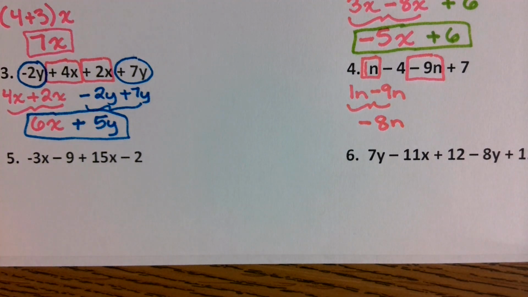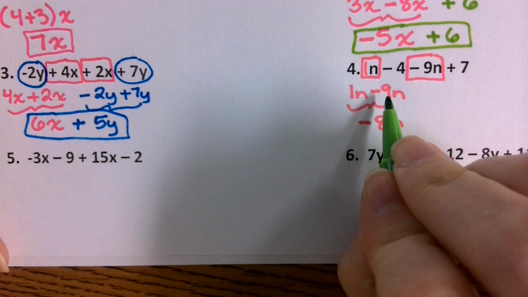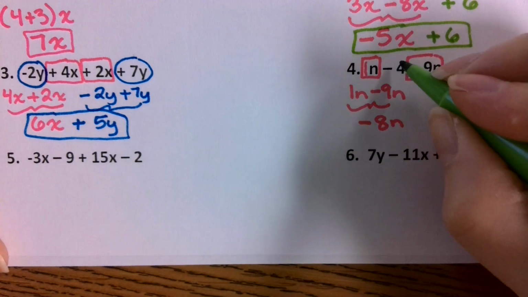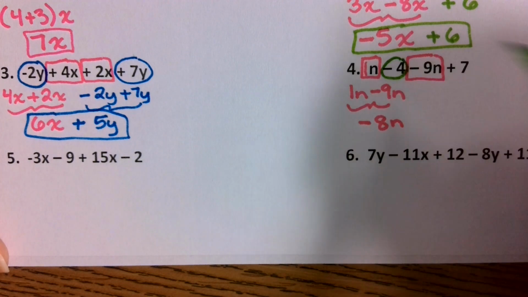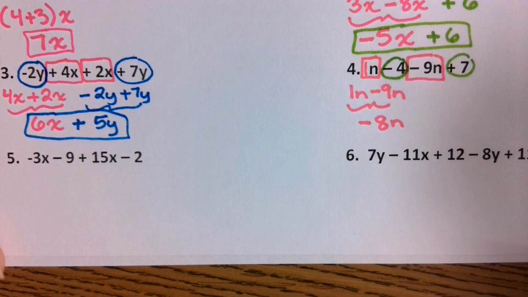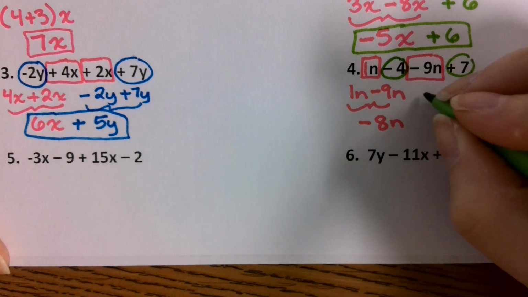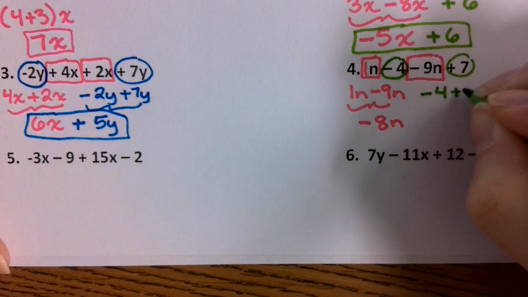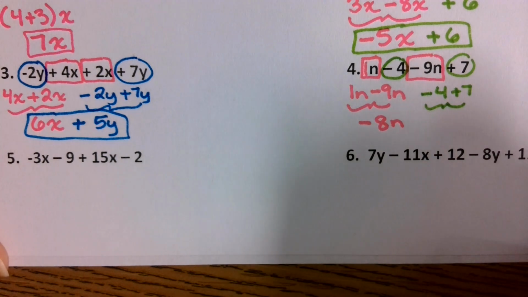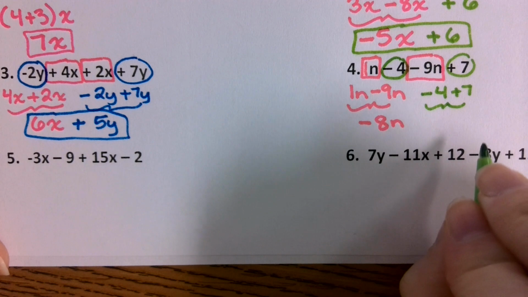Negative 8n. Okay, now I've got my constants. I've got, what is this? Negative 4. Good. It's a negative 4 and a positive 7. So when I combine those together, negative 4 plus 7 gives me 3. So am I just going to write 3?